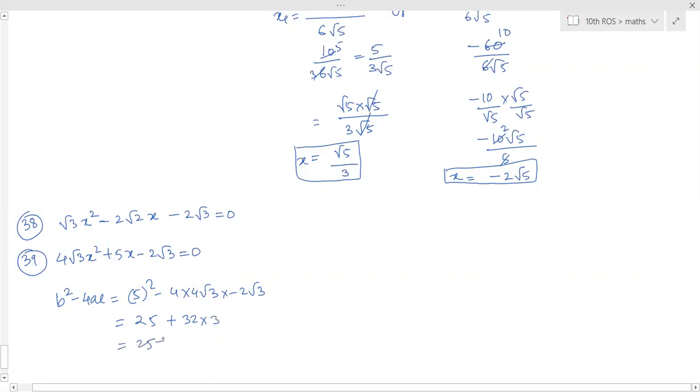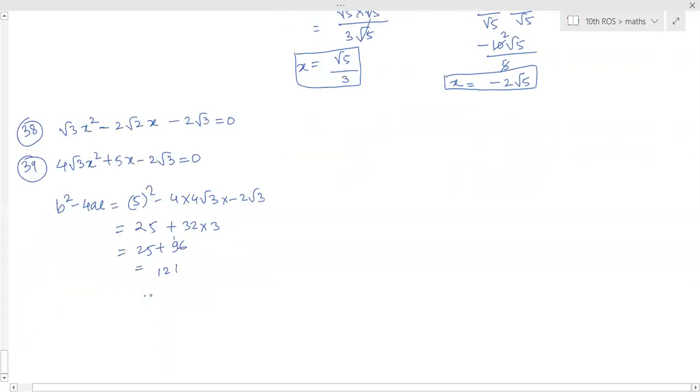Ma'am, is it root 6 and root 6 by 3? Ma'am, I'm solving.